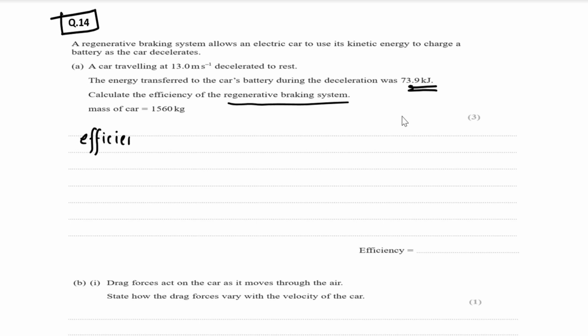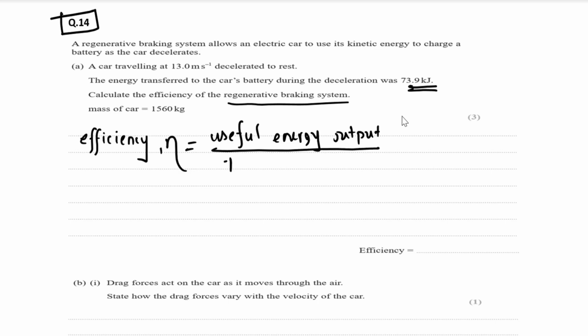We know efficiency, eta, equal to useful energy output divided by total energy input, into 100%. This is the base formula for calculating efficiency.